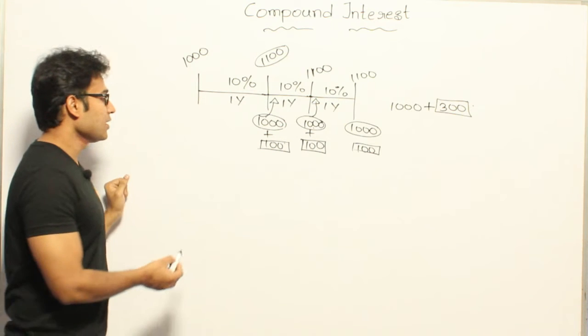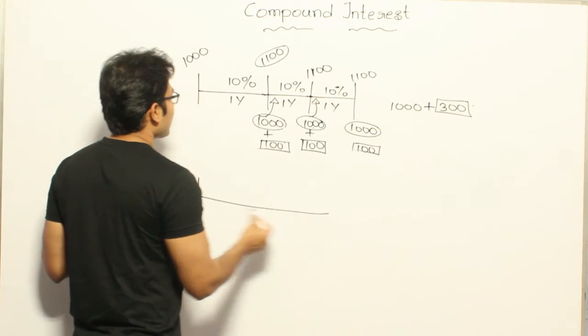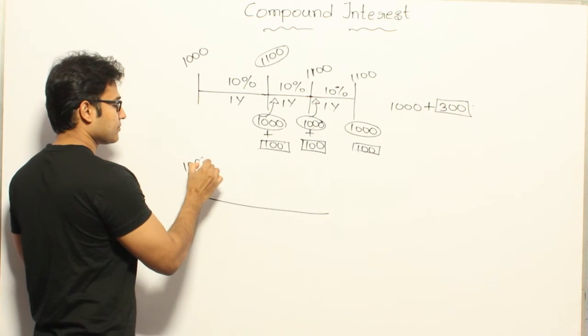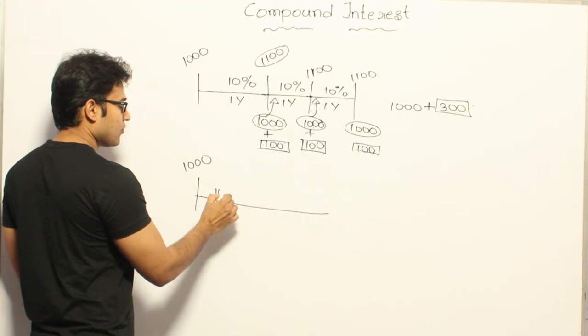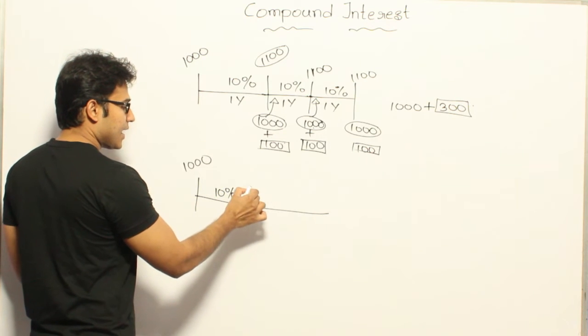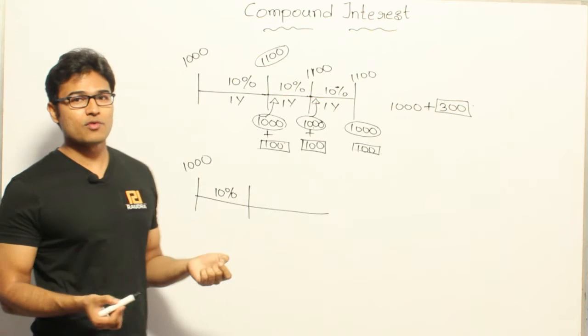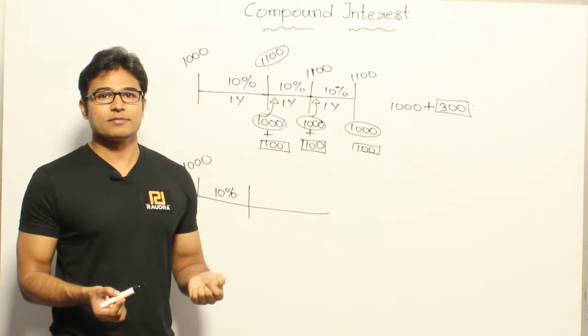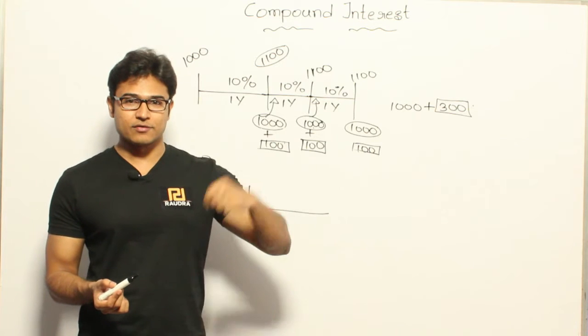Now let us assume the same case, which means you are investing 1000 rupees at a rate of 10% and assume that the interest is compounded annually. The interest is compounded annually, which means you are going to take out the interest every year.